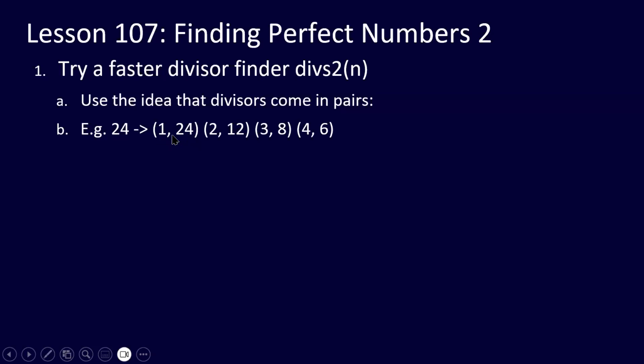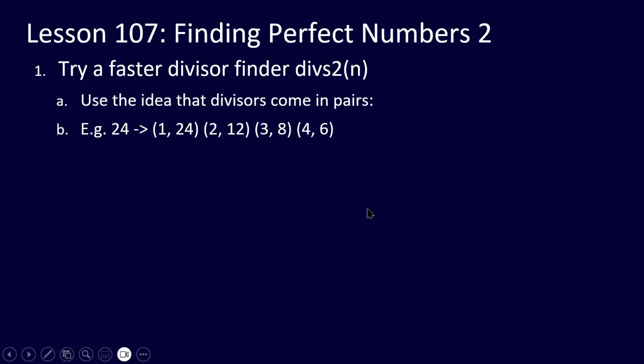At the other side, 24, which is 24 divided by 1, is also a divisor. 2 is a divisor, and at the same time, 12, which is 24 divided by 2, is also a factor. 3 comes with 8. 4 comes with 6. And that's all, right? We don't need to check 6 because it's already in here.